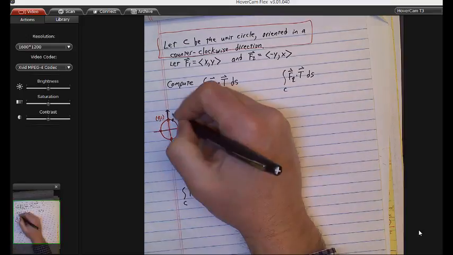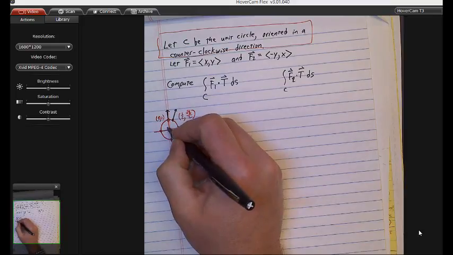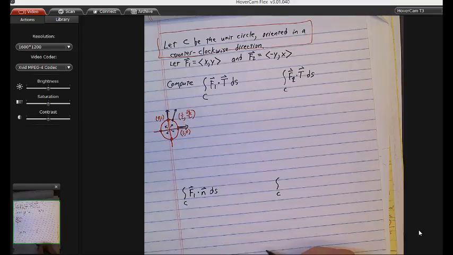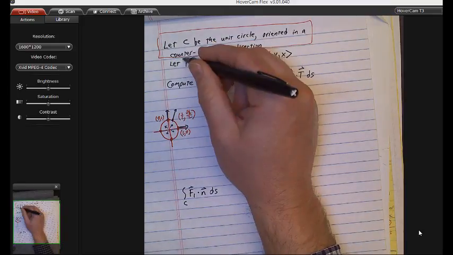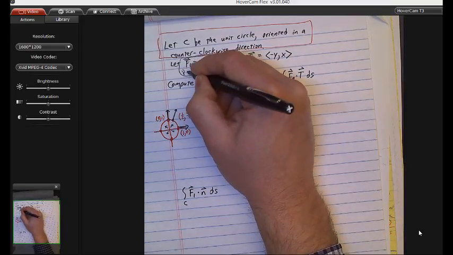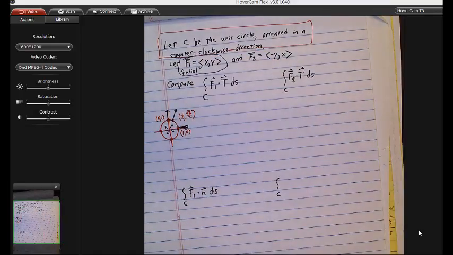You can see that the vector field is really kind of an outward motion, right? Matter of fact, this is a classic example. You might call this a radial vector field, right? Because everything's being pushed out from the center.